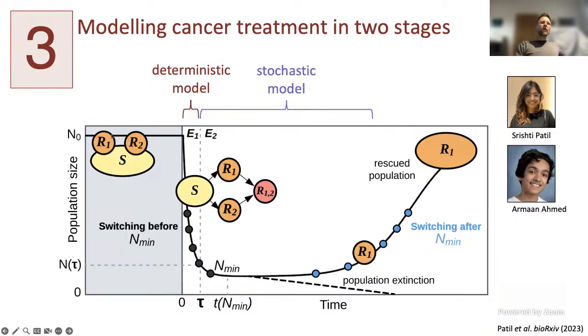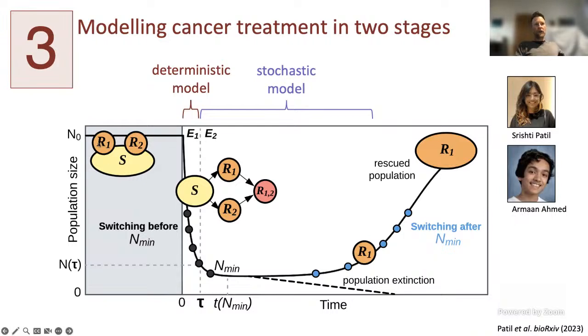And so the model that Srishti constructed is that we have a tumor which has a population size shown here. We assume initially this tumor comprises some susceptible cells, marked here as S, some cells that are resistant to the first treatment we're going to apply, R1, and some cells that are resistant to the second treatment we're going to apply, R2.